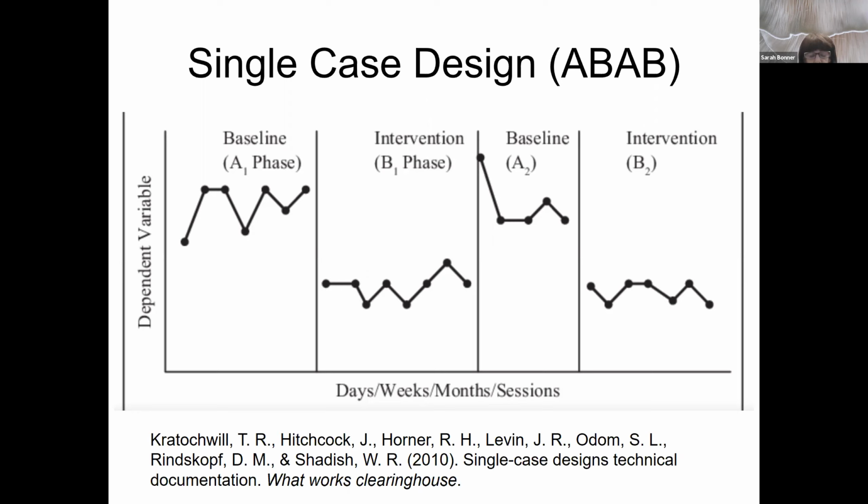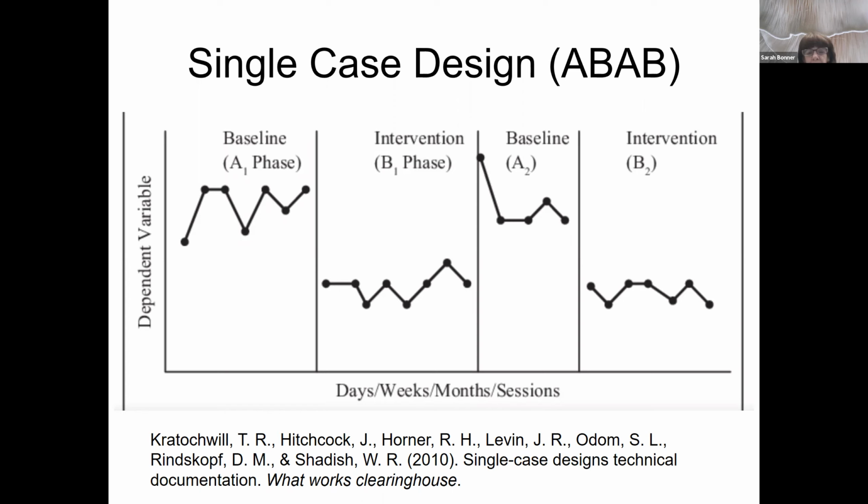Then you apply your intervention and you see your second group under the B1 phase, and you measure the same variable, disruption occurrences, and you will also undoubtedly, because we're all human beings, have variability in the measurement. Then you withhold that treatment.